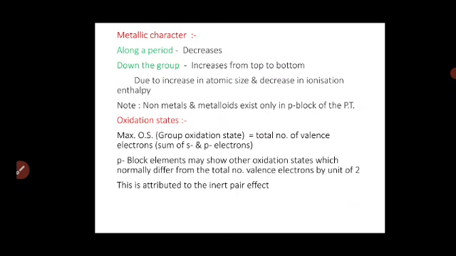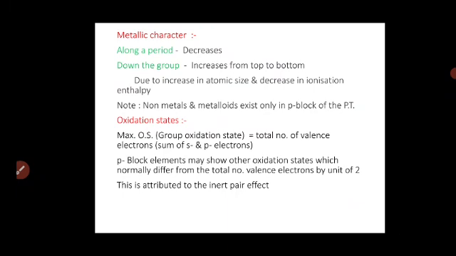Why s and p electrons? Because we have seen the general electronic configuration for p block elements is ns2 np1 to 6. So the outermost shell consists of s and p orbitals, right? And those can take part in bonding. Am I right? Yes.